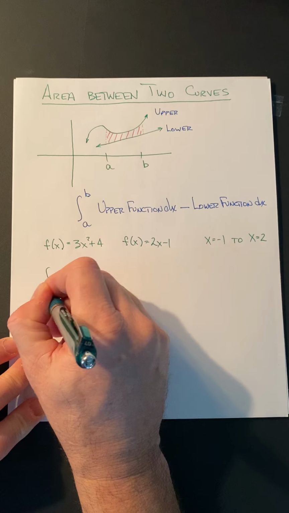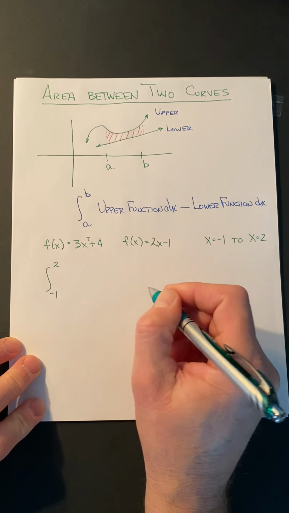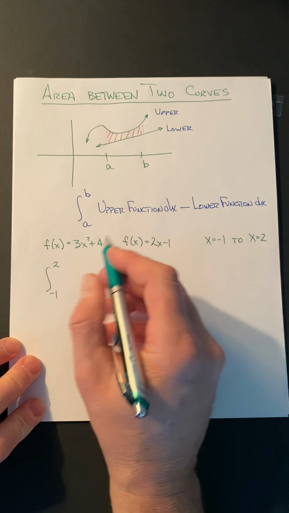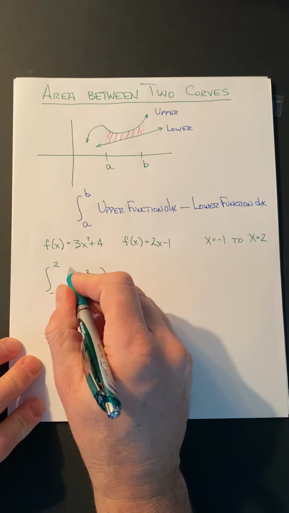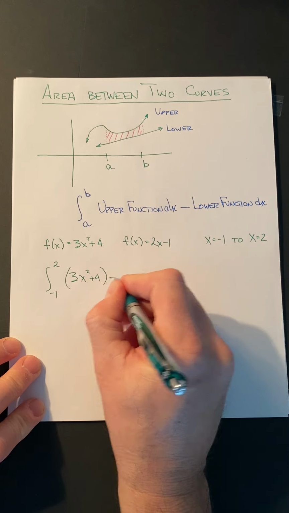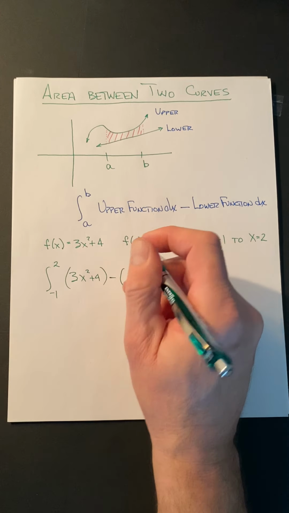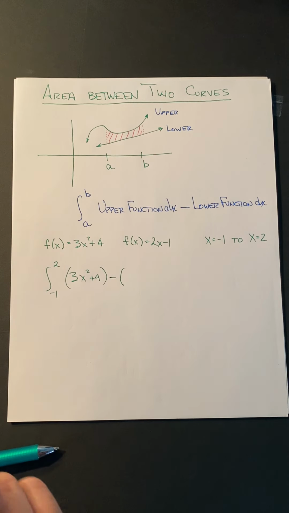So I'm going to integrate from minus 1 to 2 the function f of x, my upper function, 3x squared plus 4, minus my lower function, and I guess I really shouldn't have used another f of x there, should I?